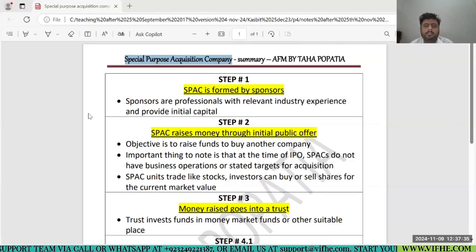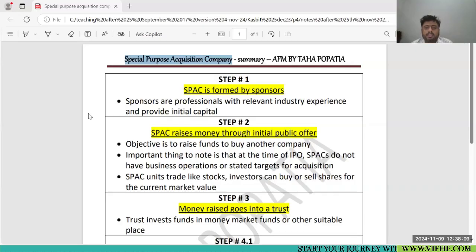They are all experienced individuals with maybe 20-30 years of experience, and they collect funds together and provide an initial capital to form a SPAC. What is a SPAC? It is a company, but it is a special purpose company, and the purpose is to acquire someone else. The company will not have its own business, rather they will acquire someone else.